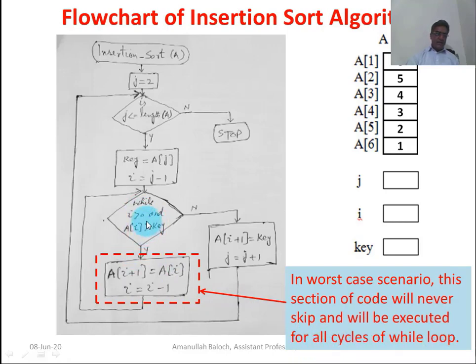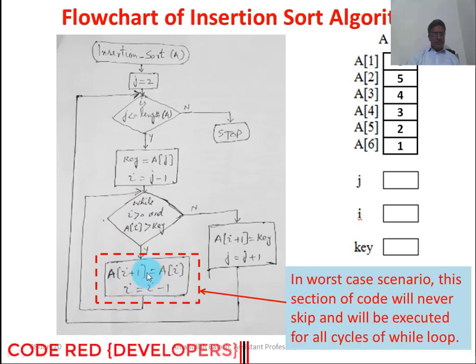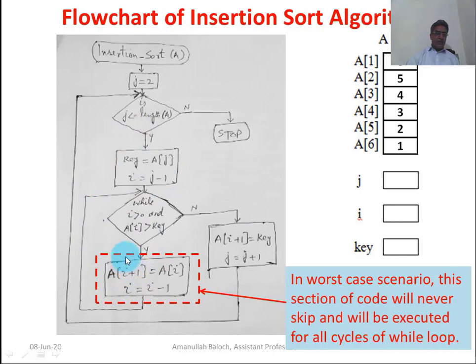However many cycles the while loop has to execute, these statements will be executed, and no single cycle of the while loop will be skipped. So in worst case analysis, the nested loop of the algorithm will work.